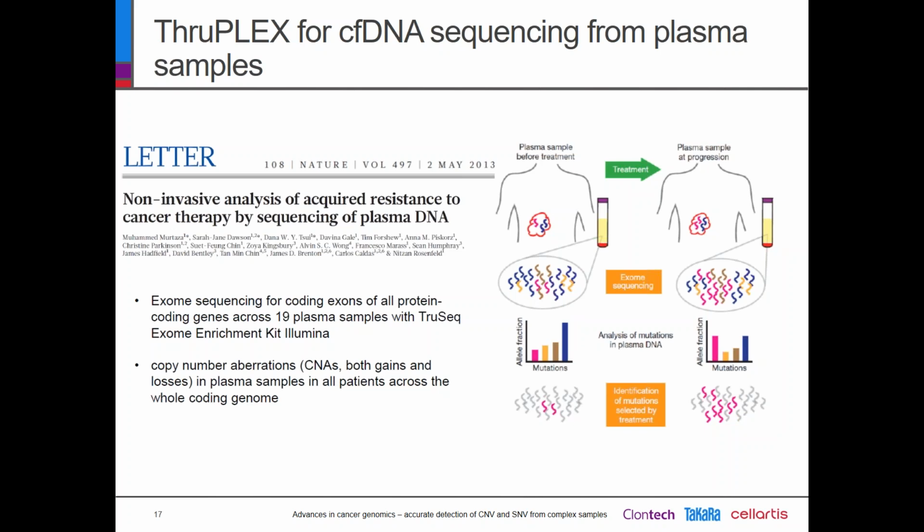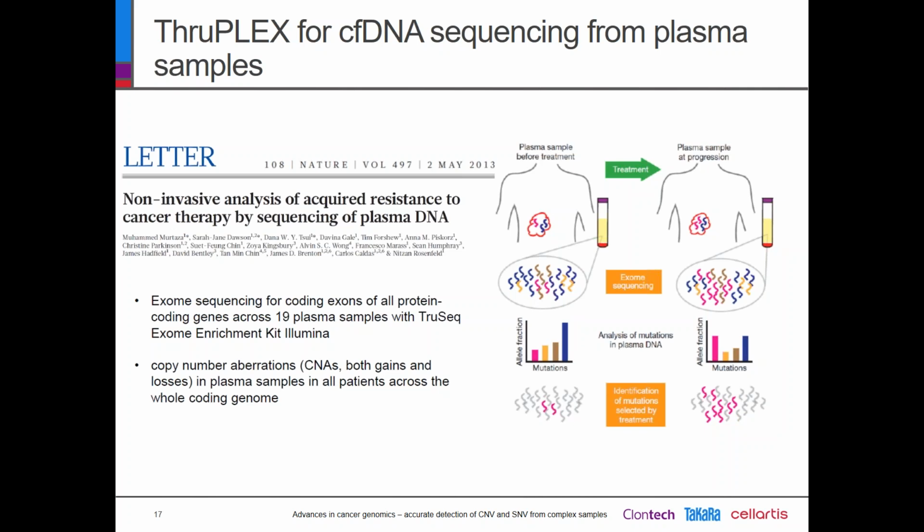where this group from Cambridge looked at DNA present in the plasma of several different types of cancers. I reported this paper just because, on top of ThruPlex sequencing, they used whole exome sequencing.